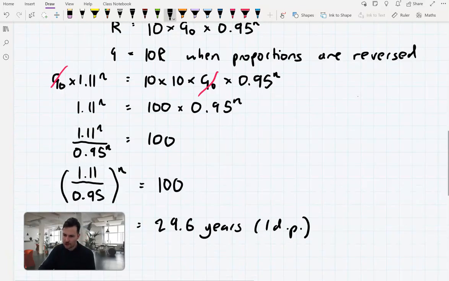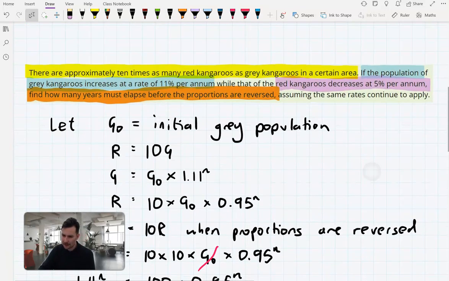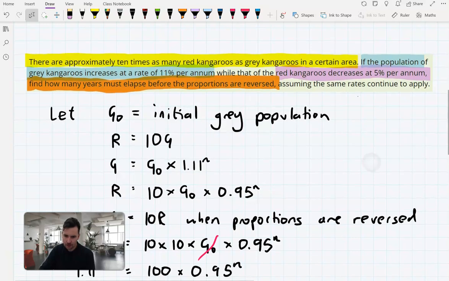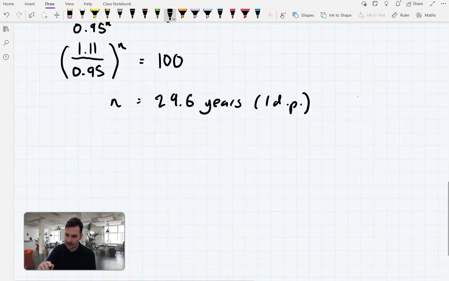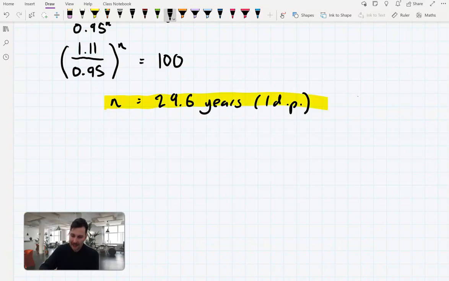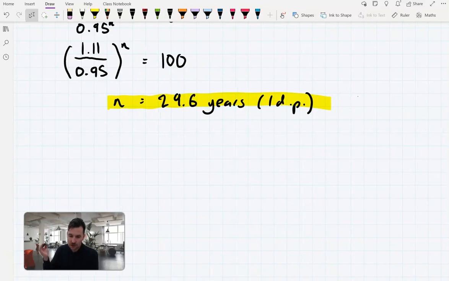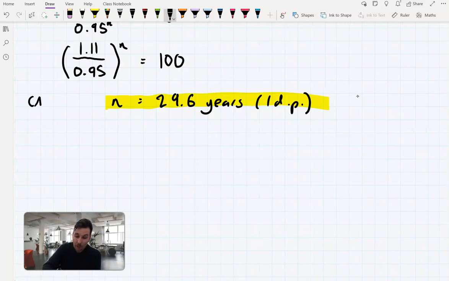Let's just check the question and see if it wants us to do any particular units or months and years or whatever. So it says how many years must elapse. So I think we're pretty good to leave our answer as that one. Okay, cool. And what you also want to make sure you add on there is, if you've used your calculator in a particular way to solve a problem, you want to indicate what you've actually done.